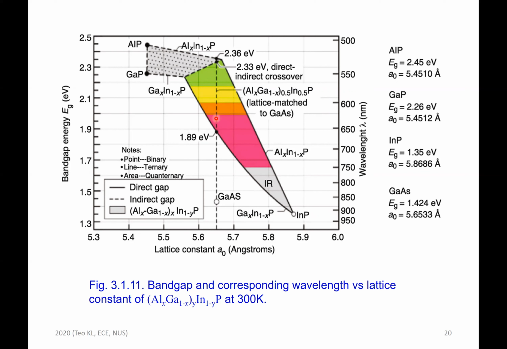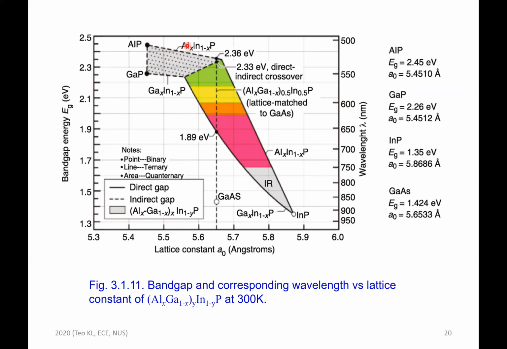So for example, if this is aluminum phosphide, gallium phosphide, this is indium phosphide, this range itself is aluminum phosphide all the way to indium phosphide.